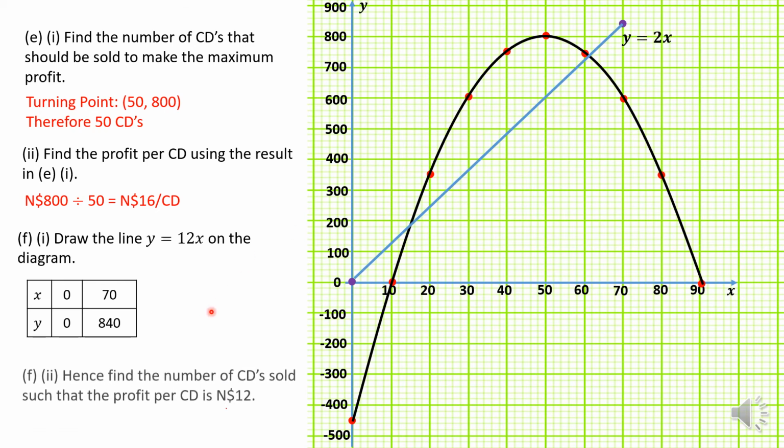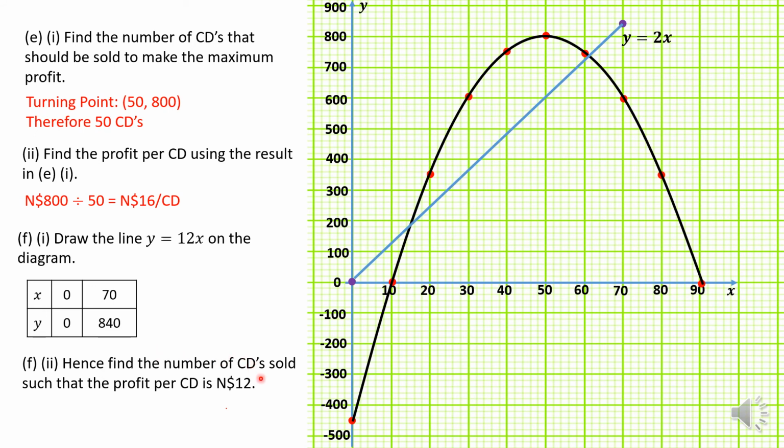Now, the second part wants us to find the number of CDs sold such that the profit per CD is $12. When you have the profit, if x is 1, then you have $12. So we expect a value of x here to be obviously more. The number of CDs sold is basically where the graphs intersect.